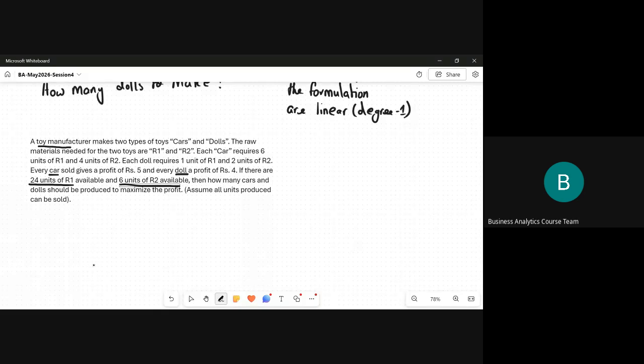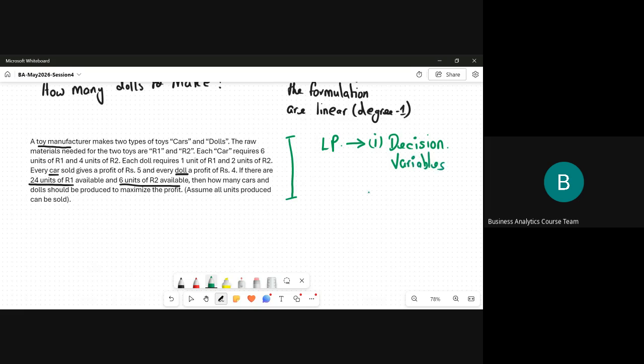Okay. So to formulate any linear program, there are three parts. The first one is the decision variables. The second is the objective function.